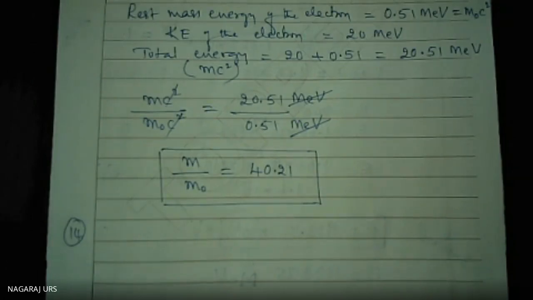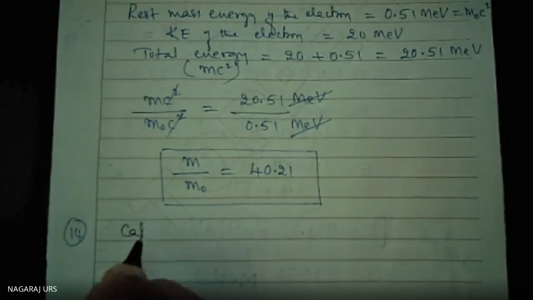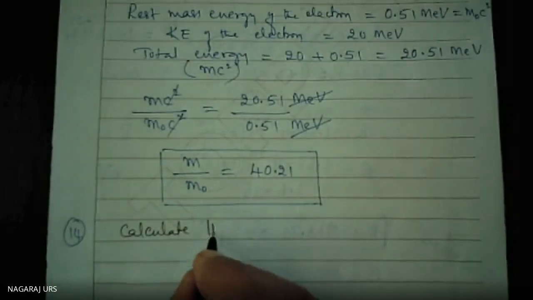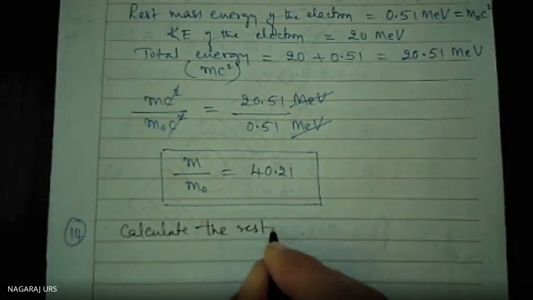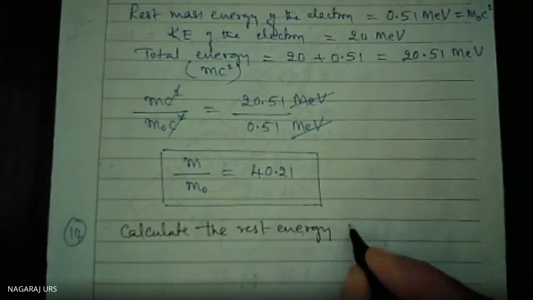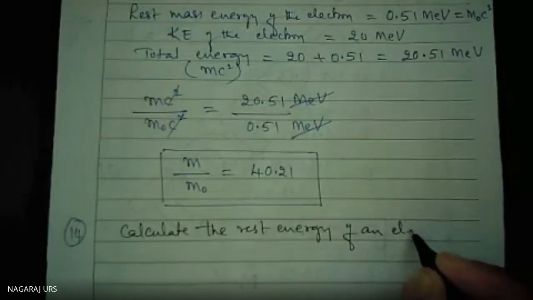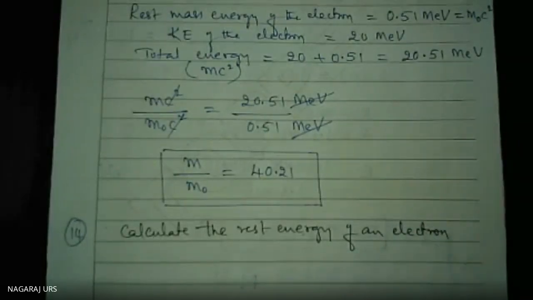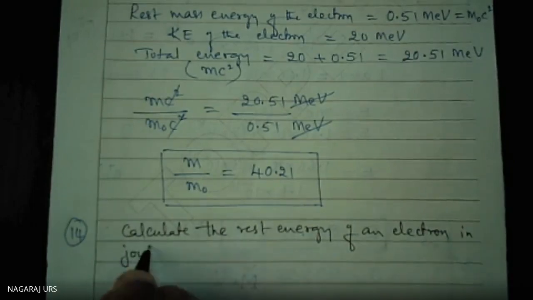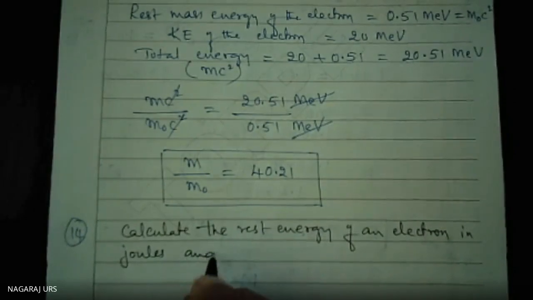Calculate the rest energy of an electron in joules and in electron volts.